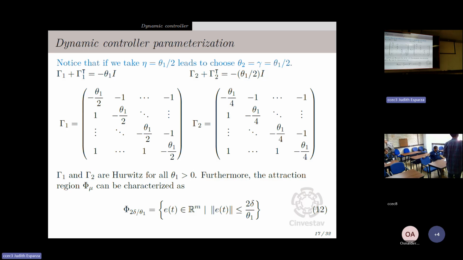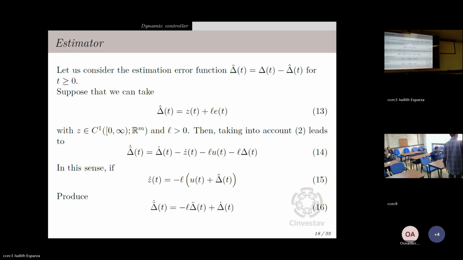All of these details are in the paper. With this selection of gamma 1 and gamma 2, we satisfy the Hurwitz condition, the boundary condition, and the set obtained from this parameterization is this, where the error function only depends on delta and theta 1. Theta 1 is simply a positive constant.